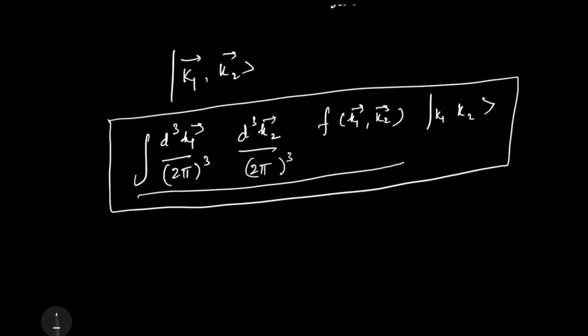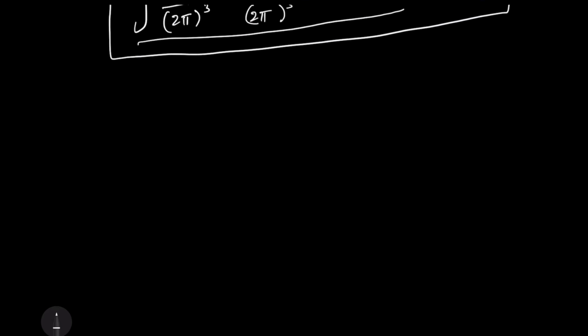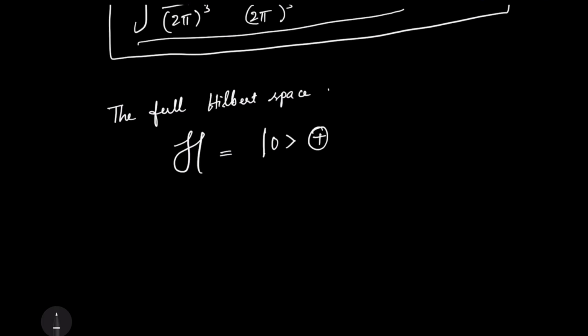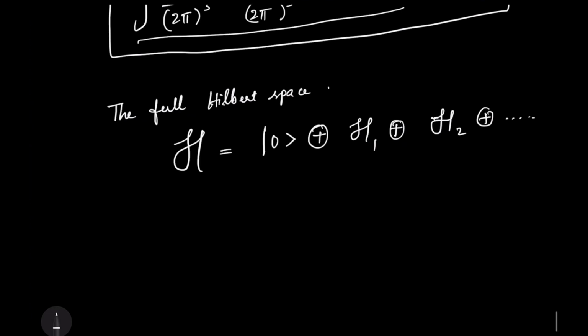In that case, what will be the structure of the Hilbert space? Since there is no interaction between the particles, we can just separate it into the vacuum state, one particle Hilbert space, two particle Hilbert space, etc. Therefore, the full Hilbert space, which I am representing by script H, will be the vacuum state plus the one particle Hilbert space plus the two particle Hilbert space plus etc. The set of states with a finite number of particles is called a Fock space.